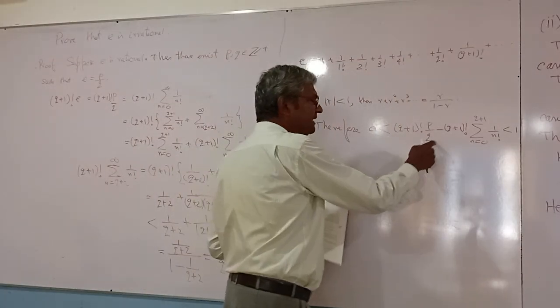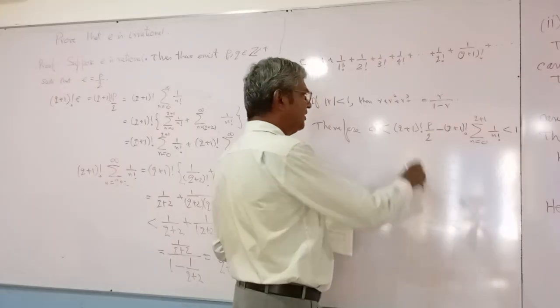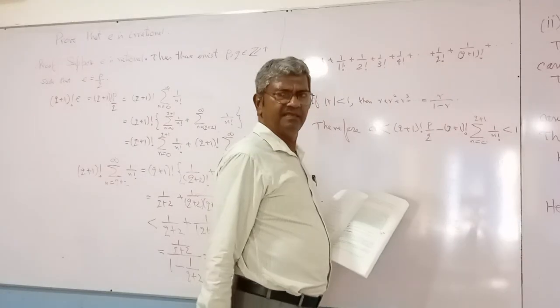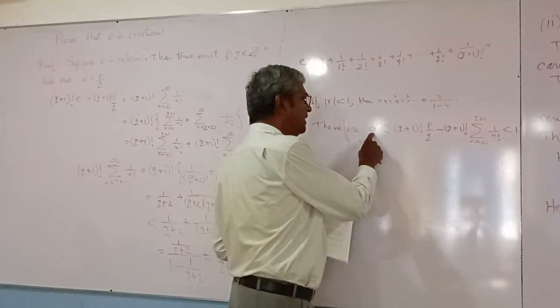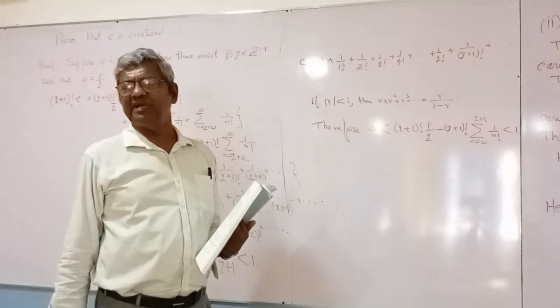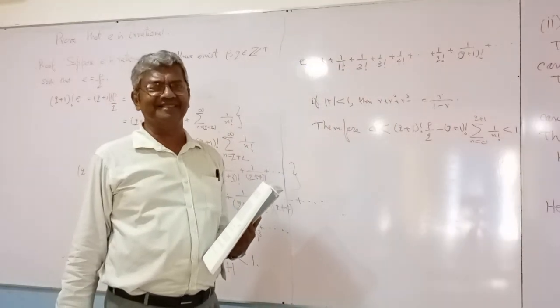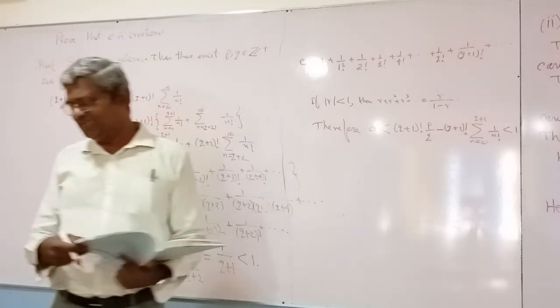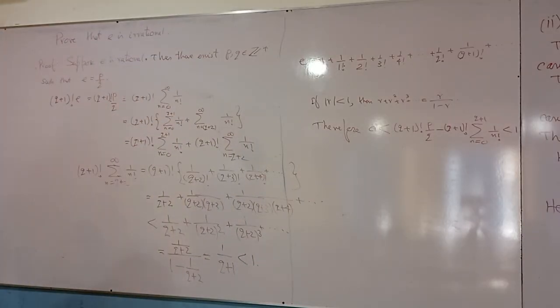So integer minus integer is an integer. So now what do I say? There is an integer between 0 and 1, which is a contradiction. Therefore, p over q is irrational. This idea is used in very many places. Anyway, now we have proved that e is irrational.